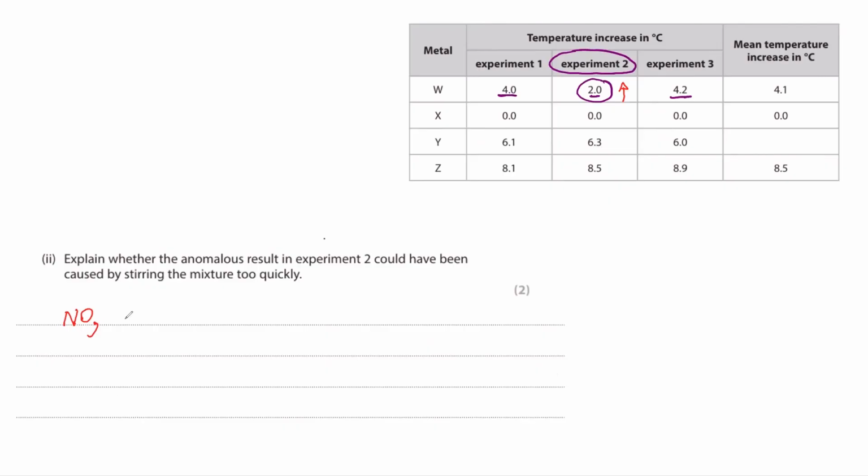So we can say that stirring quickly will increase the rate of reaction.